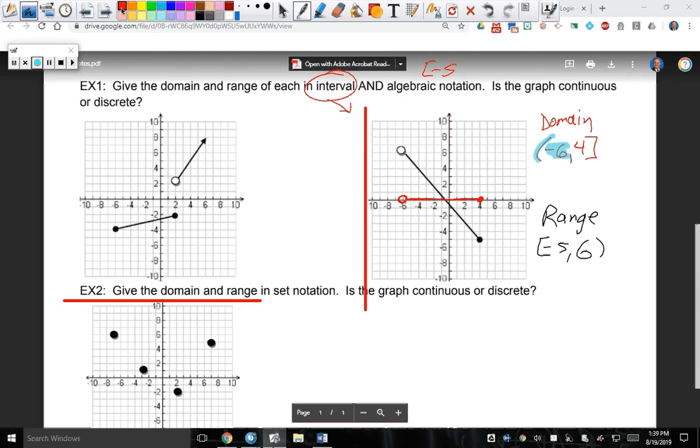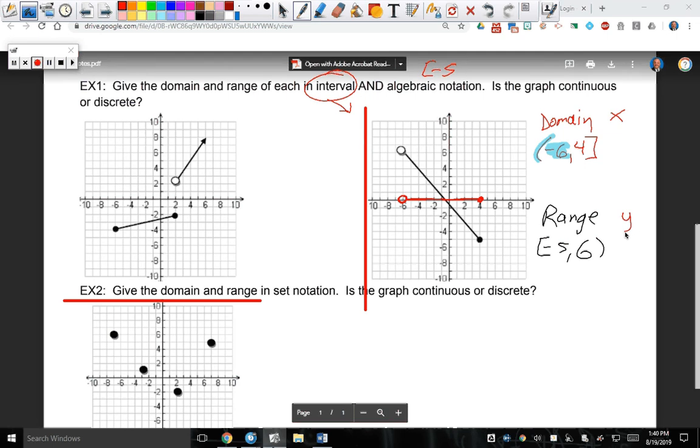So the interval notation over here for domain. Oh, sorry, not the interval notation. We're going to do the algebraic representation. So Savannah, let's go ahead and do the algebraic notation for that -6 to 4. What would I do?